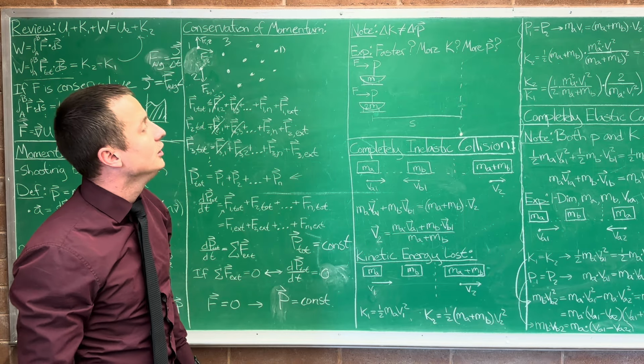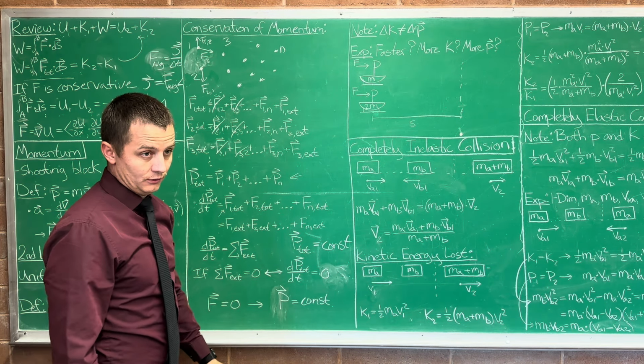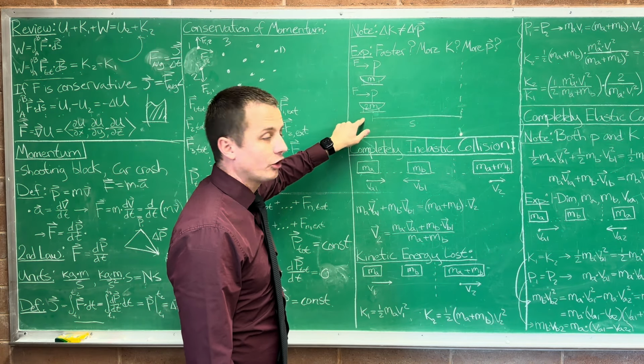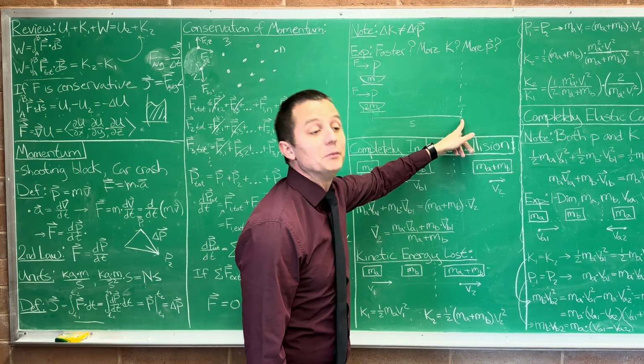And the answer was, they had the exact same kinetic energy when they crossed the finish line, because the same force times the same distance does the same amount of work. Now, which one crosses the finish line first? It's the lighter one. But by the time this one crosses the finish line, it will have had the same amount of work done on it, so it will have the same kinetic energy as this one had when it crossed the finish line.